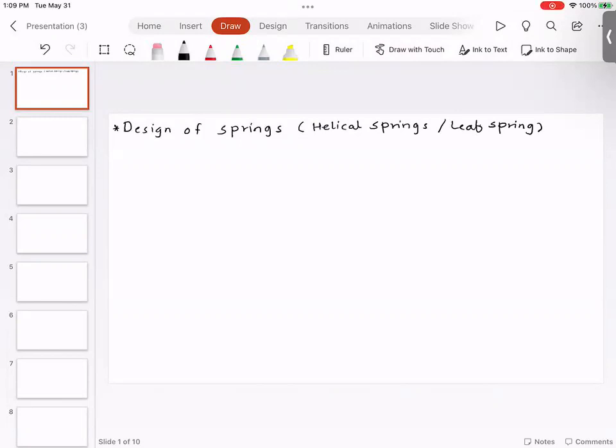Then I'm going to talk about the concept of power screws. In the last class, I kind of talked about turnbuckle. Turnbuckle is again a screw assembly. What do we mean by screw? Screw means basically you have a nut and a bolt.